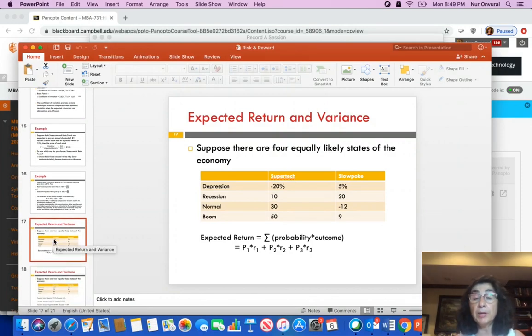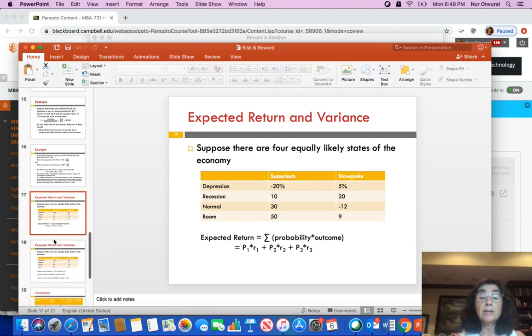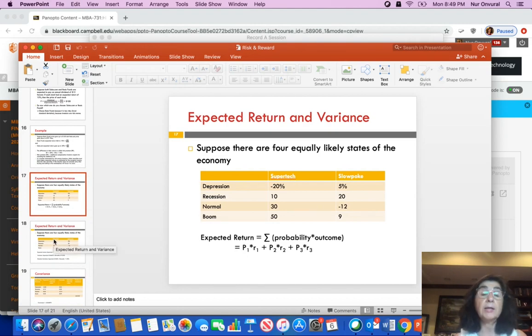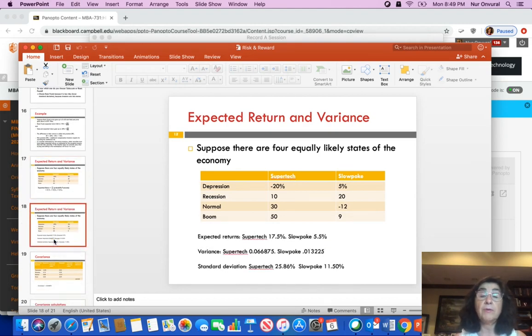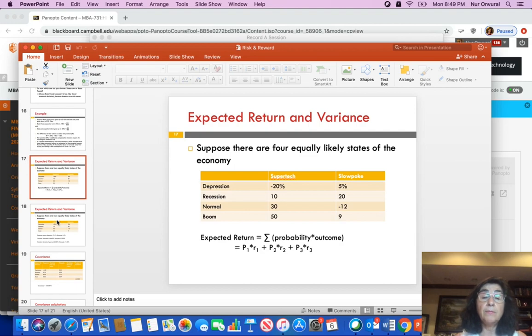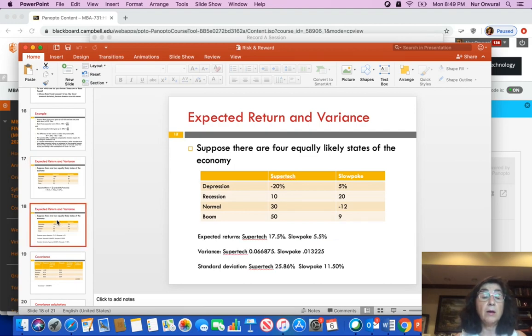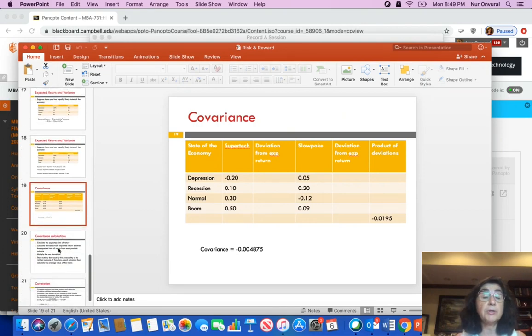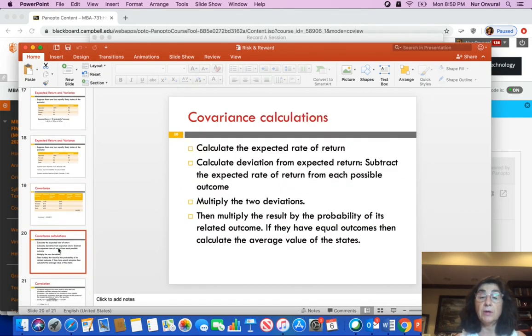Again, we have two companies, and in this case we have four equally likely states of the economy for these two companies. In this example, I would like you to calculate the expected return, then the standard deviation, and the covariance calculations, so that you are getting familiar with them.